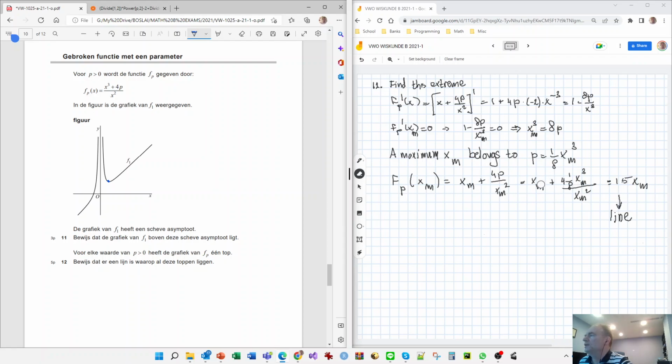So substituting that in, you get an x cubed divided by x squared. That basically becomes linear, and you get 1.5 times x_m. So they're all on a line.